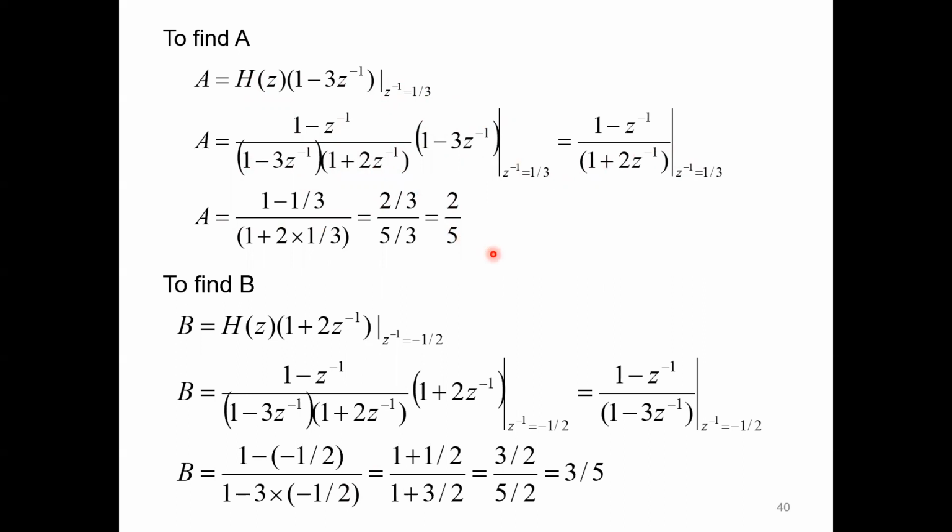Please follow what is on the screen and check whether you have understood everything. If necessary, you can write it down on your paper and work it out yourself. Then you can quickly revise your memory on this. You may have done this before, so it's just a matter of refreshing that experience.